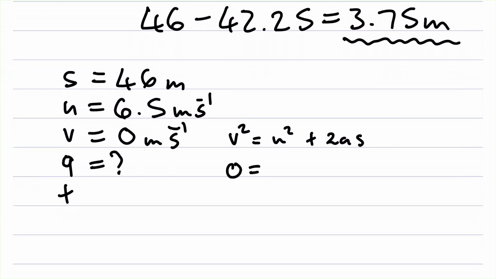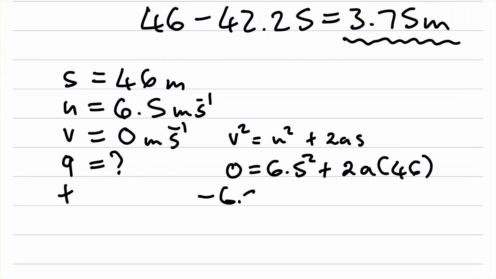That's 0 equals 6.5 squared plus 2 times a, where a we don't know and s we need to be 46. That's negative 6.5 squared, which is equal to negative 42.25, equals 92a.